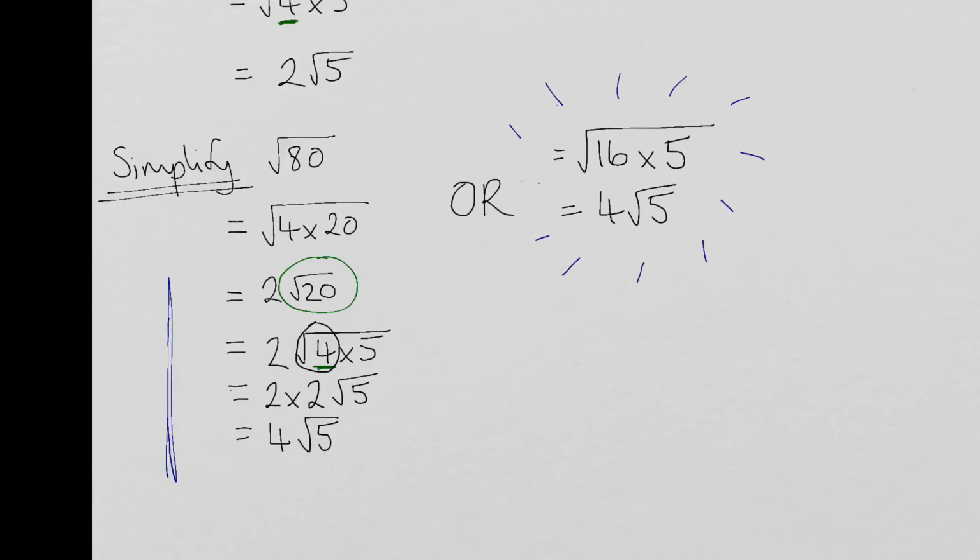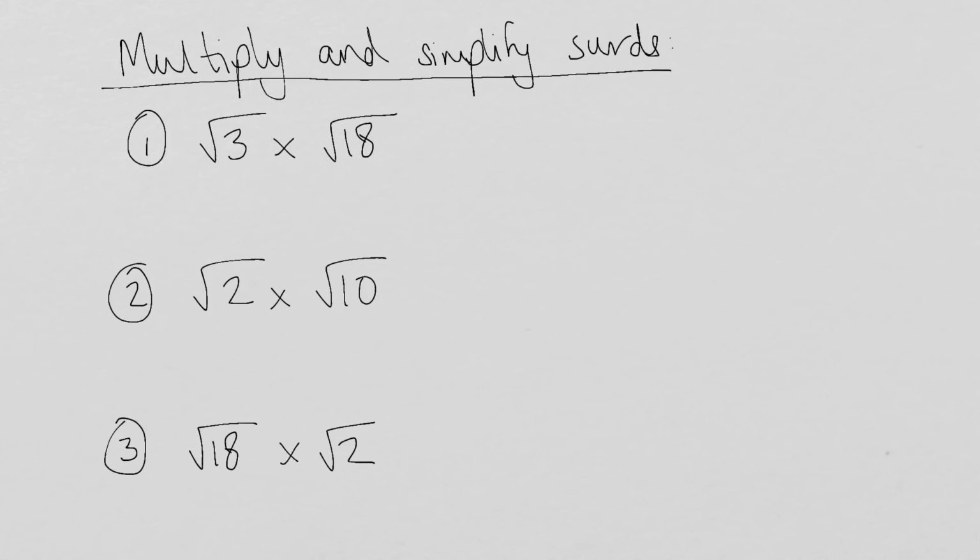And just remember, the really important part is if you've got a number on the outside already and you're taking a square root, you do multiply those together. So let's have a look at some examples of where you'll need to put that simplifying into practice. So this is where you are going to need to multiply and simplify some surds. And again, this simplify is the really important one, because this is the one that tells you you need to take your answer and write it in the lowest form possible.